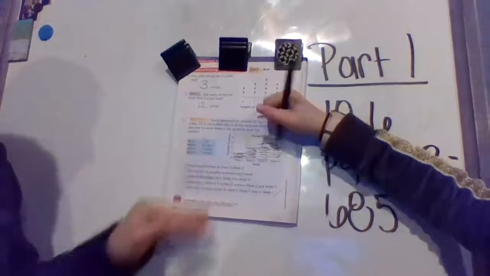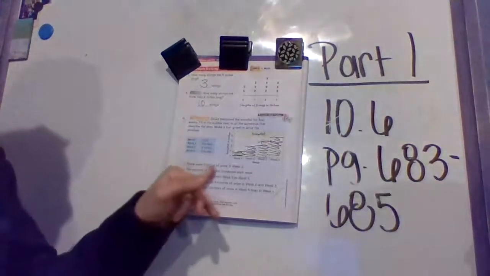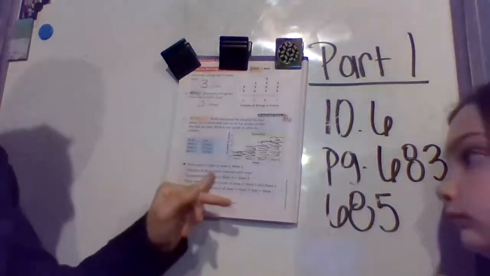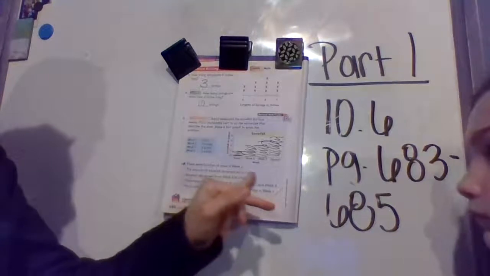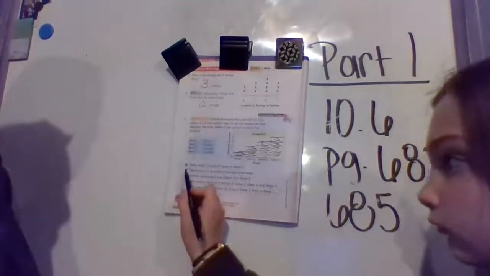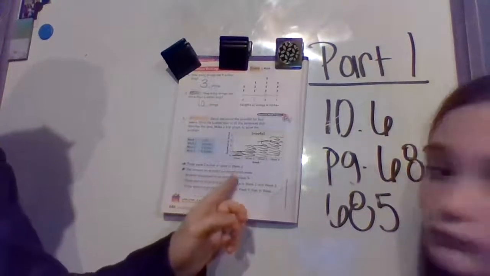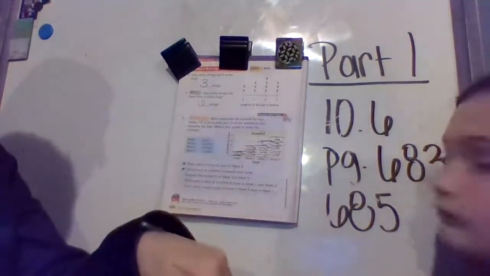All right, now we have to answer the questions. There were 2 inches of snow in week 2. Was that true? Yes, so we're going to fill in the bubble. The amount of snowfall increased each week. Yes, that was true. It got bigger each week. Snowfall decreased from week 3 to week 4. Decrease means went down. No, it went up, so that one don't shade in.